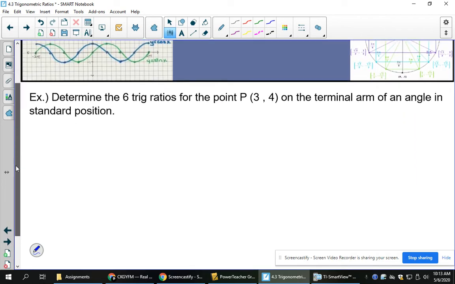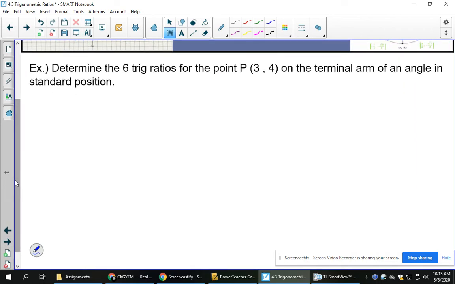Let's do this first example where we want to determine the 6 trig ratios for the point P at 3, 4 on the terminal arm of an angle in standard position. All right, what this all means, an angle in standard position means that on your Cartesian plane, and I'm only going to draw the first quadrant here, because I know my point is positive.